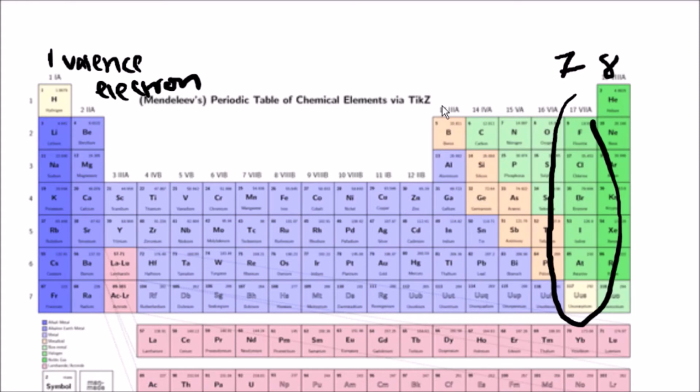Now, what do we know about the octet rule? The octet rule says that these elements want to have 8 electrons. And they have enough protons to be able to attract that 8th electron. So fluorine, as you know right here, is really reactive because it has 7 valence electrons, and it really wants that 1 more valence electron.